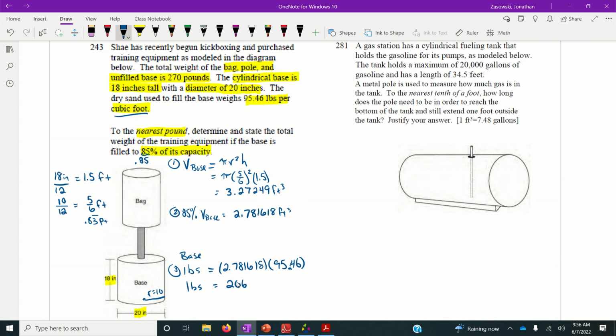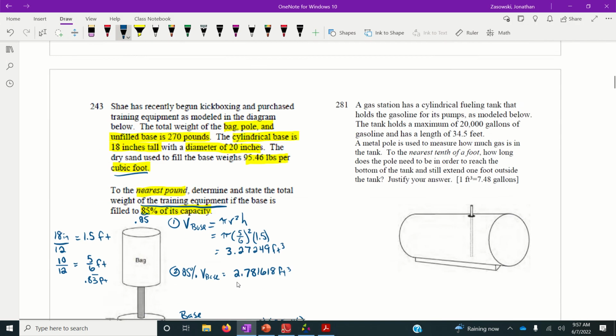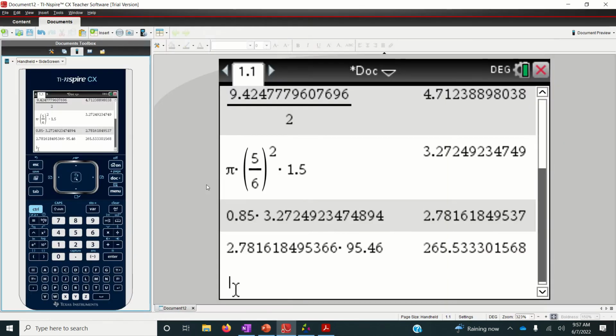We need to figure out what is the weight of the training equipment, okay? So for part 4, the weight of the training equipment is, and we're going to add this 266 plus the weight that we started with, which was 270, okay?